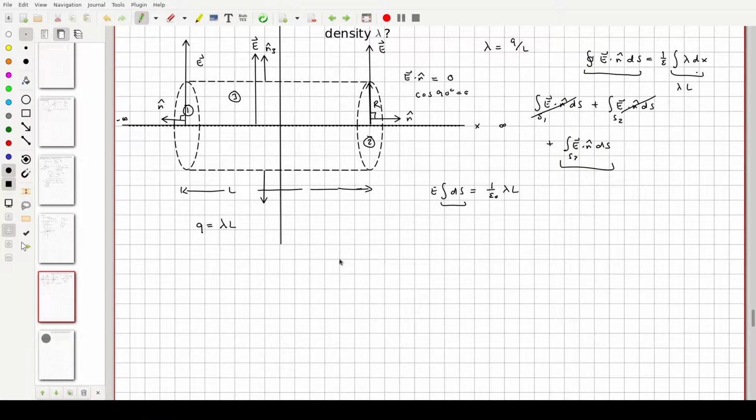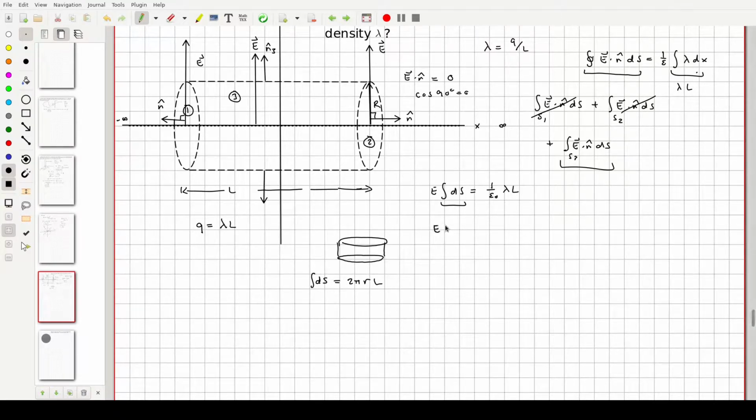And the way you get the area of the barrel of the cylinder is to think about a circumference that's been stacked. So the circumference of a circle is 2 pi times r. But we're stacking it L high, L long. So the total area, which is basically just a bunch of stacked circumferences, would be 2 pi r times L. This is the value of the integral of dS on the left-hand side.